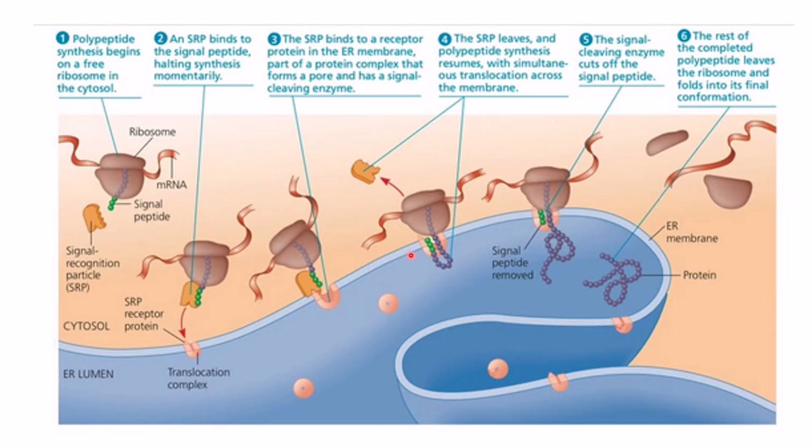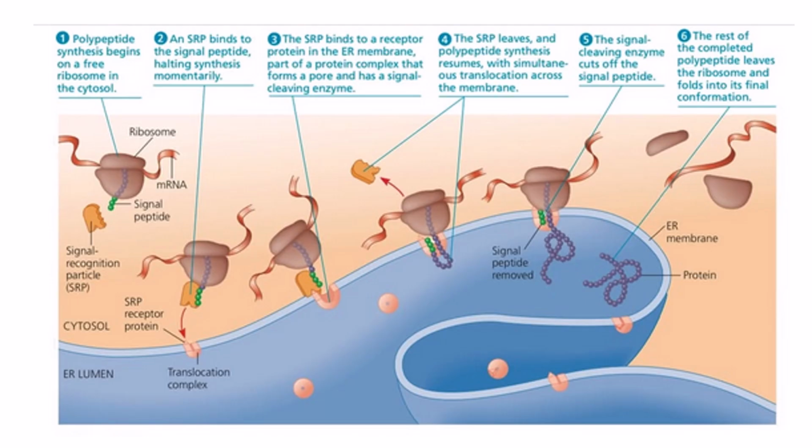The signal peptide also will be entering into it, and once the polypeptide has entered the lumen, the signal peptide will be cleaved off by the signal peptidase, and the protein will be released into the endoplasmic reticulum lumen, and the protein can undergo various foldings into its final conformation.